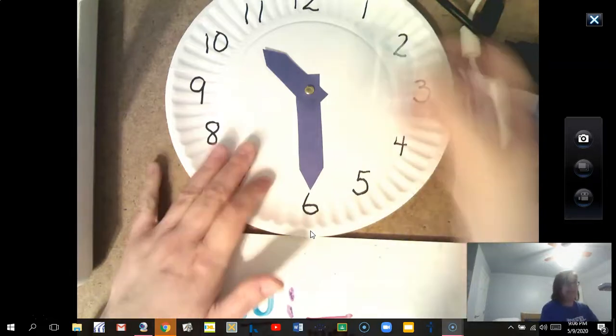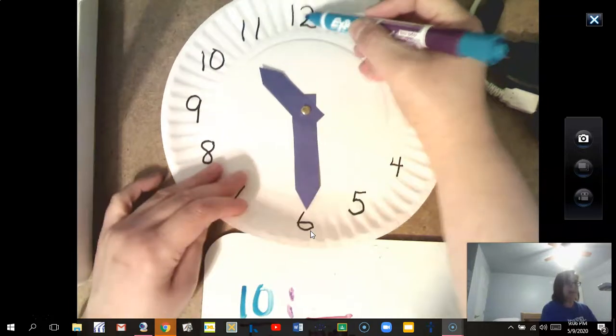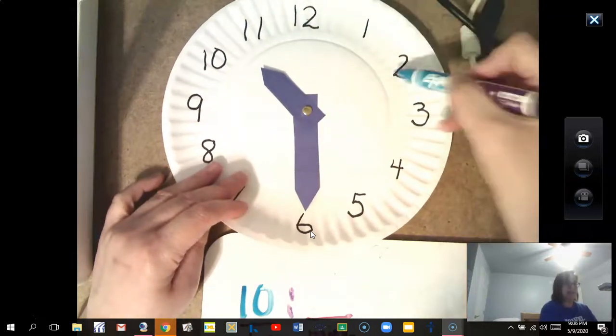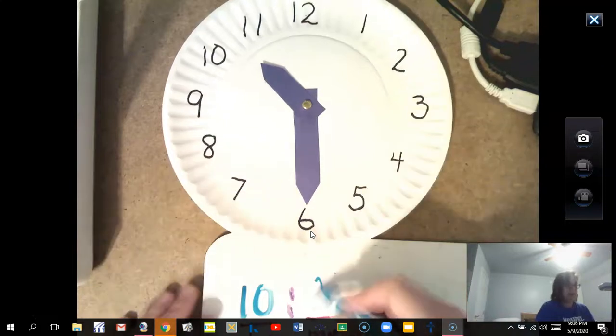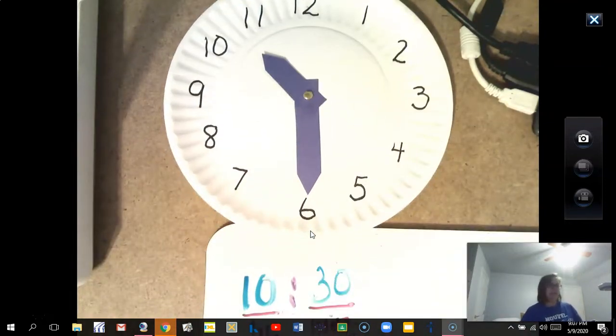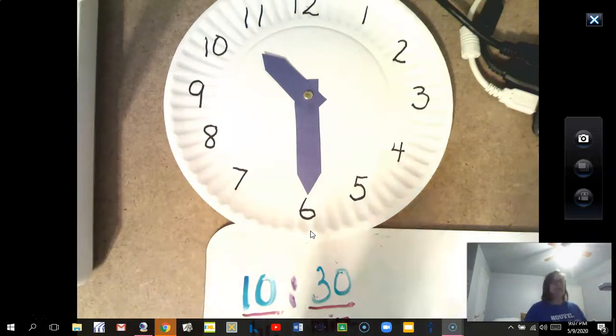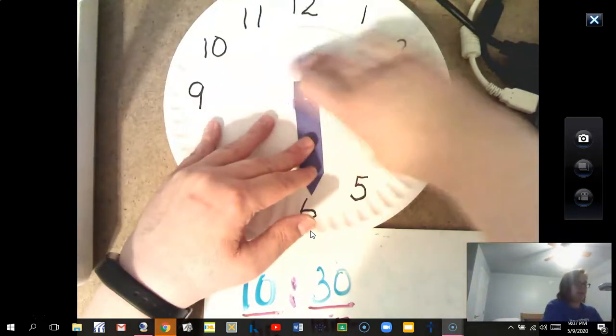And then the minute hand, if we count and we do our hopping all the way around, 5, 10, 15, 20, 25, 30. There we are at 10:30. Okay, so these should be really easy for you. The half hours. Let me do another one of these.